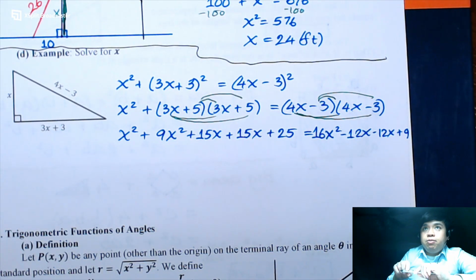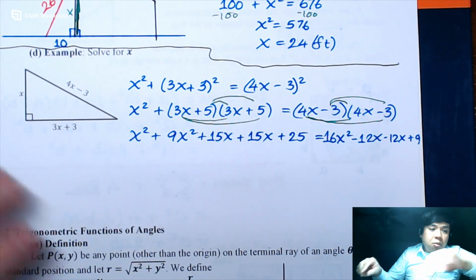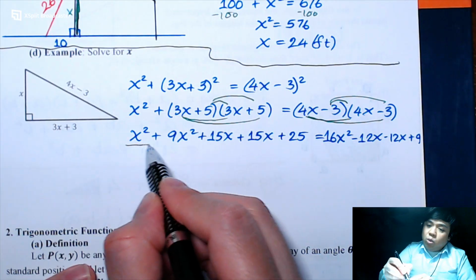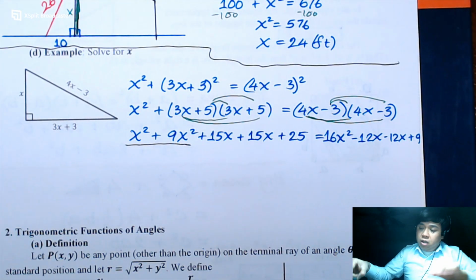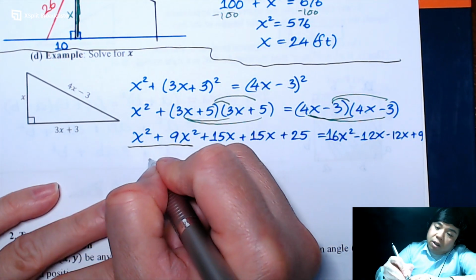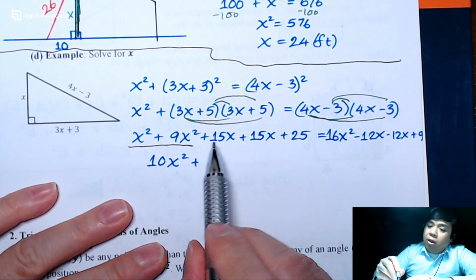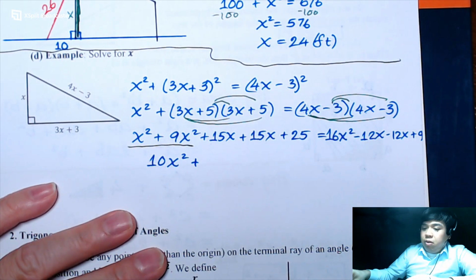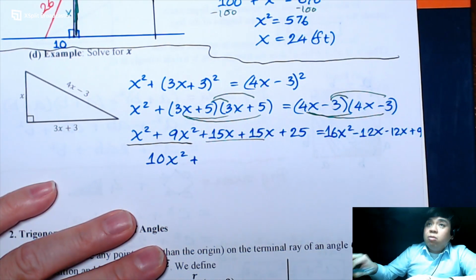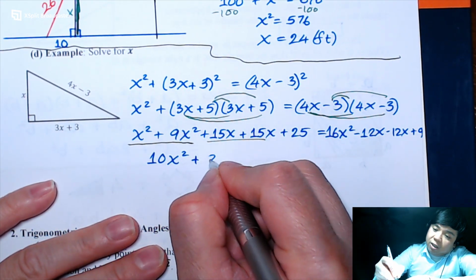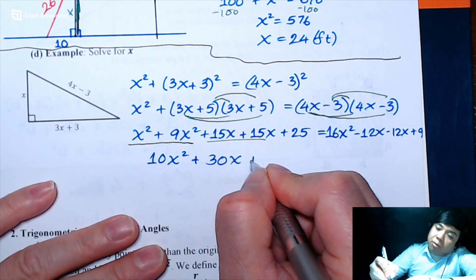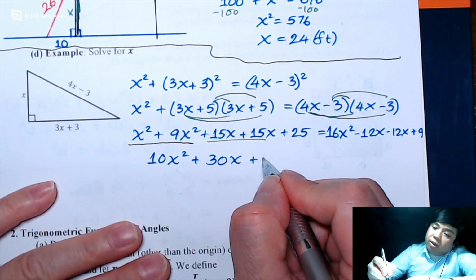Now let's simplify. Combine like terms. x squared plus 9x squared is 10x squared. 15x plus 15x is 30x. Plus 25.